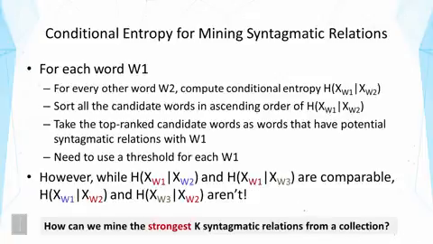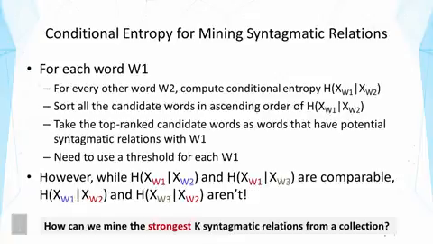And in this case, they are comparable, right? So the conditional entropy of W1 given W2 and the conditional entropy of W1 given W3 are comparable. They all measure how hard it is to predict W1.